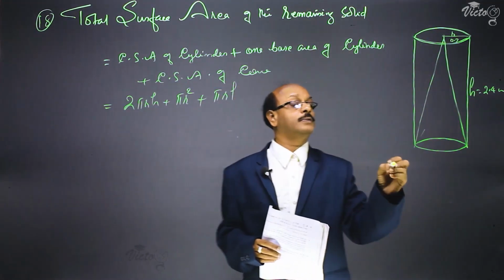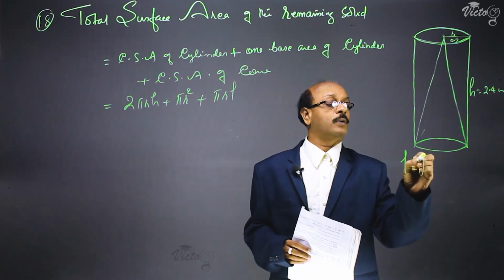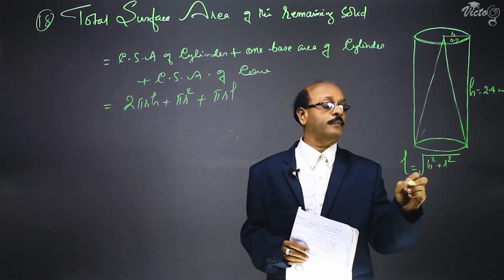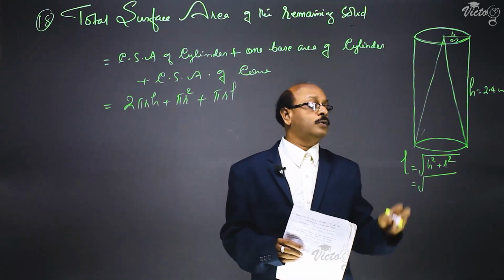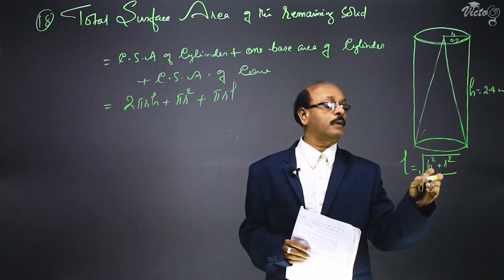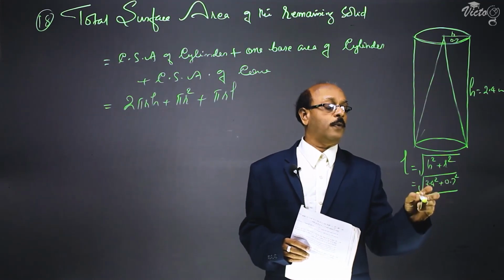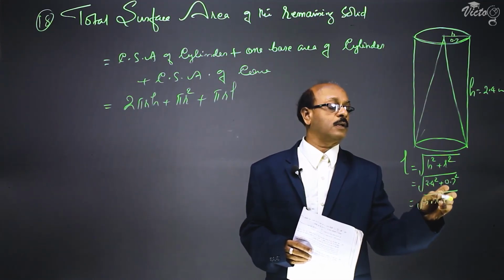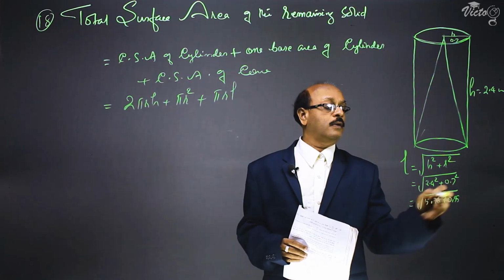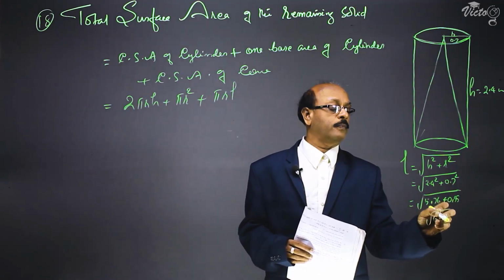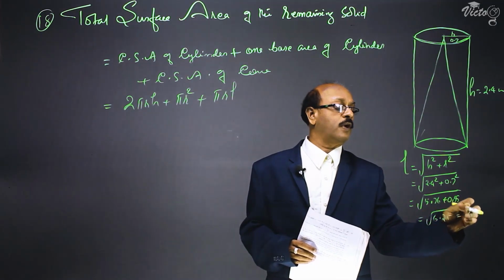L is equal to root of h square plus r square, which is equal to root of 2.4 square plus 0.7 square, 5.76 plus 0.49, which is equal to 6.25, which is equal to 2.5 is the slant height.